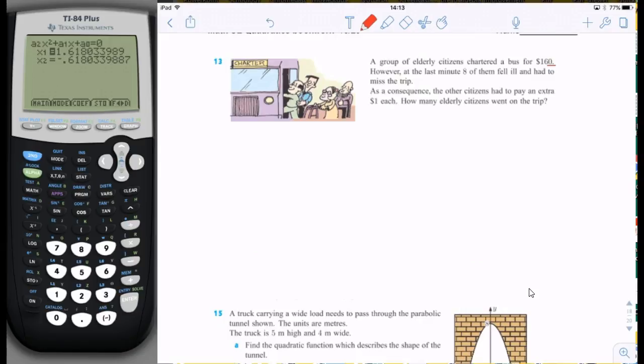Okay, so let's assume that the number of citizens that went on the trip is X. So the number of citizens that were going to go on the trip is X plus 8. Right, there were 8 more.